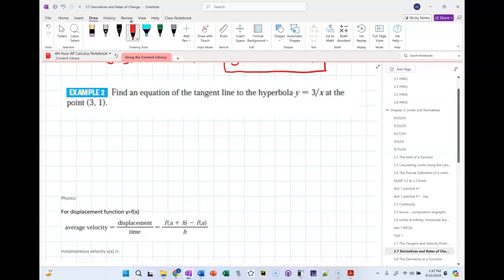Anyway, continuing on. So next thing we're going to do, find the equation for the tangent line to the hyperbola y equals 3 over x at the point (3, 1). So again, my a is 3, and then my f of x is 3 over x.